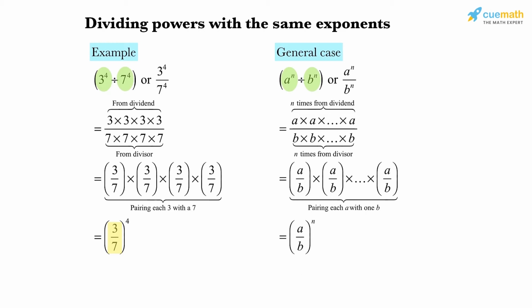And so once again, the original bases a and b have divided in the final result, and this was possible because both a and b had the same power n, so both were repeated the same number of times.